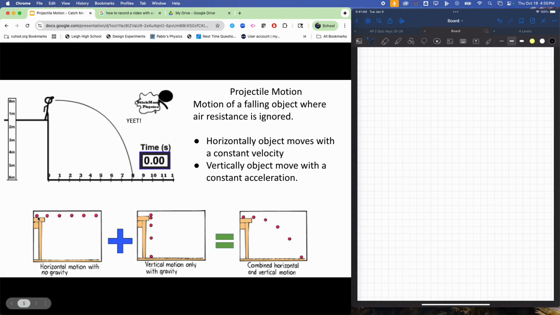If there was no gravity, horizontally, the object would be moving at constant velocity, because for the same amount of time, it's changed the same position. But vertically, it's accelerating, meaning it's speeding up as it moves towards the ground. So when you combine those two motions, then you should get this sort of parabolic motion, which combines the horizontal constant velocity motion and the vertical constant acceleration motion.